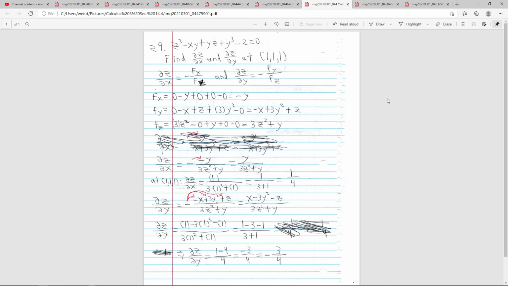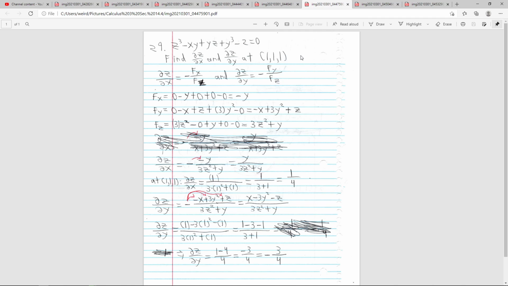I don't think there's a lot to explain with these. You're just doing mostly derivatives. Same, you have this function, and this is where you do it. dz/dx is negative fx divided by fz, and dz/dy is negative fy divided by fz. It's the same process as before.